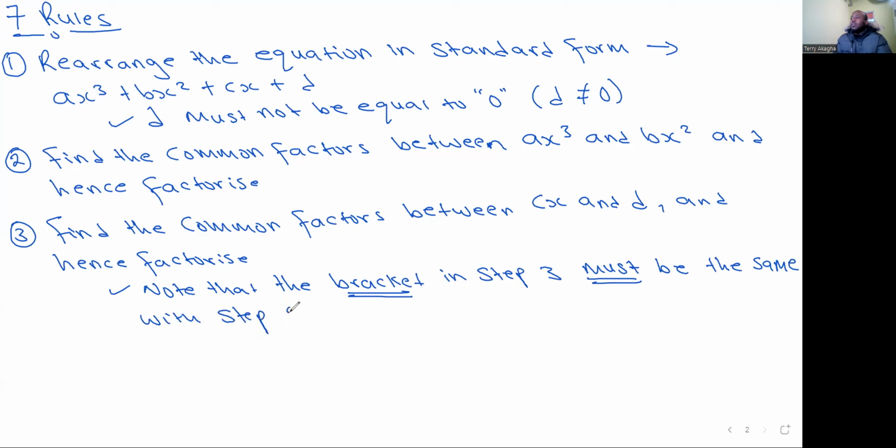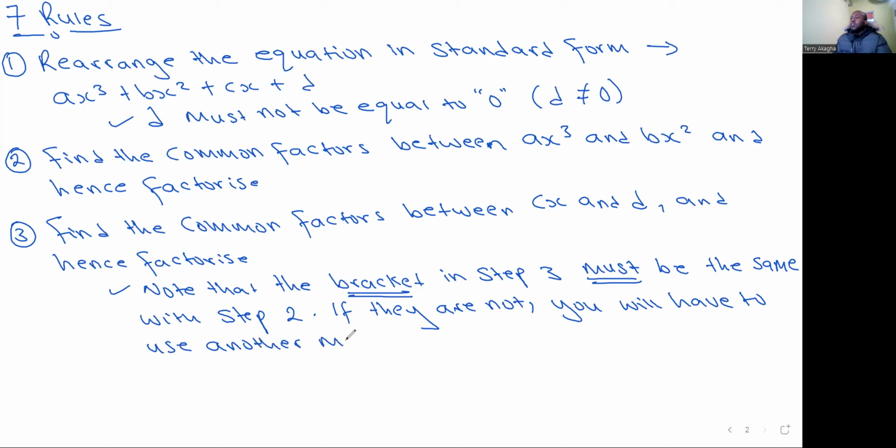So that means the bracket after factorizing step 3 must be the same. And if they are not the same, you will have to use another method.